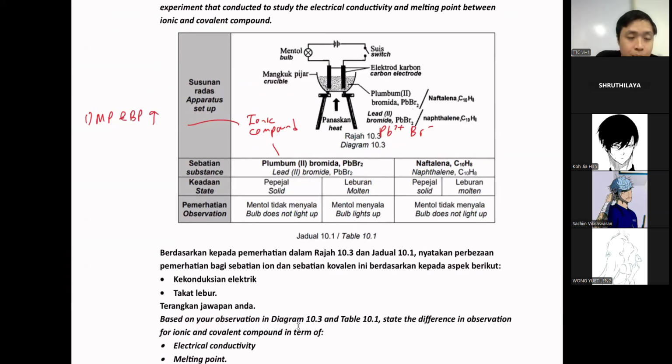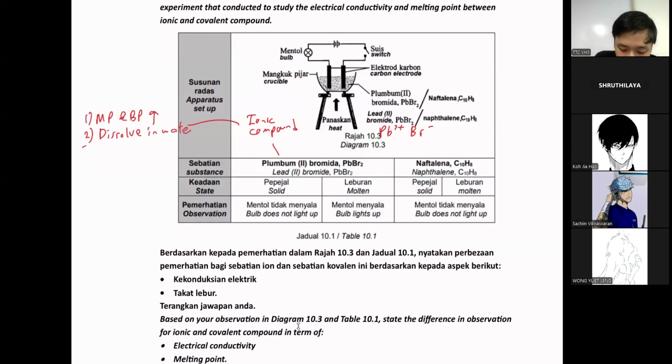Second point, they can dissolve in water. Not everyone, actually, but most of them can dissolve in water. But lead(II) bromide cannot, because as you learned in Form 4, Chapter 6, lead(II) chloride, lead(II) bromide, lead(II) iodide are insoluble salts. But normally, like magnesium chloride, magnesium nitrate, sodium chloride, all these can dissolve in water.